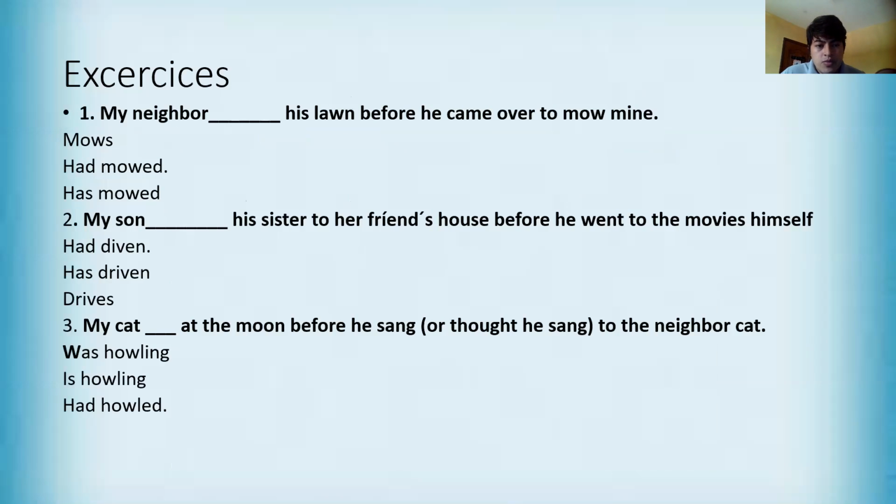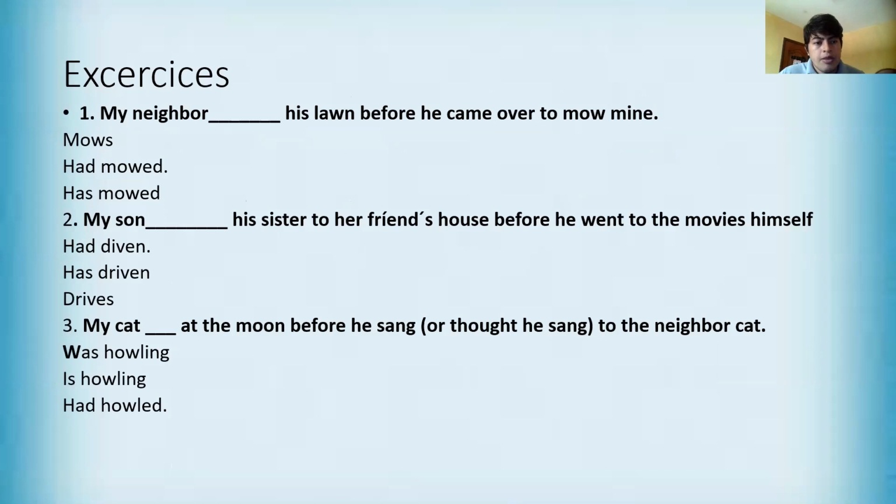We have some exercises where you respond with the correct answer. Here we have three sentences with three options, and you need to tell me what is the right one.